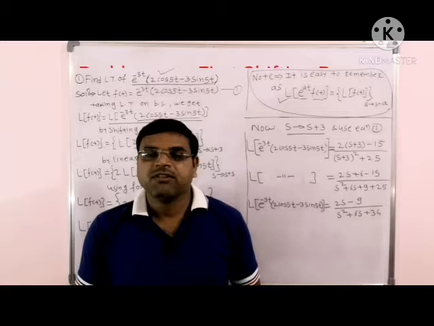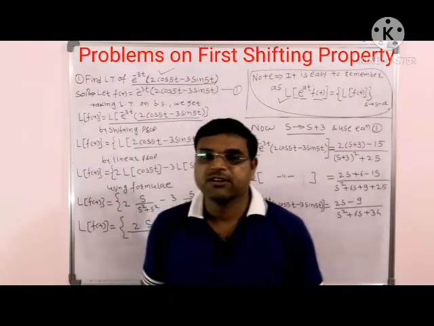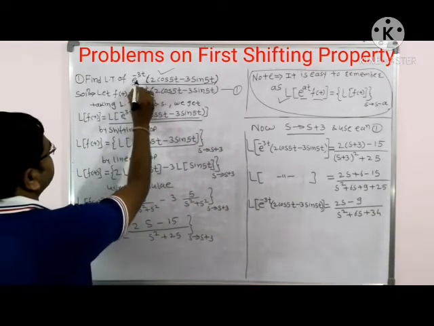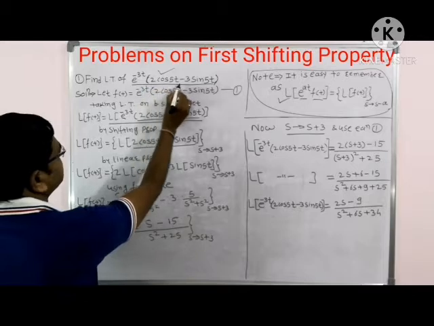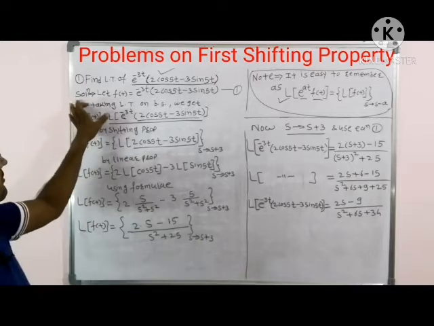Now we will see some problems on the shifting property. The first problem is to find the Laplace transform of e^(−3t)(2 cos 5t − 3 sin 5t). Let us see the solution.